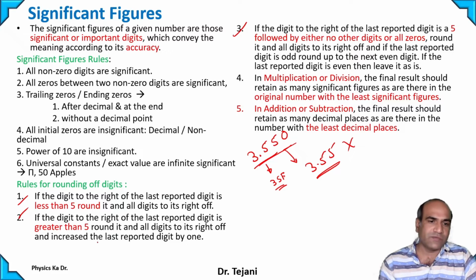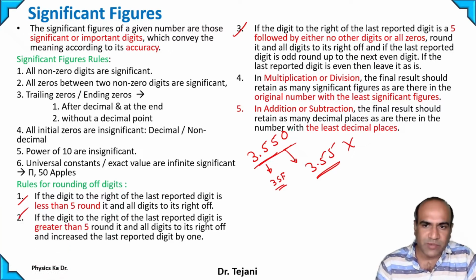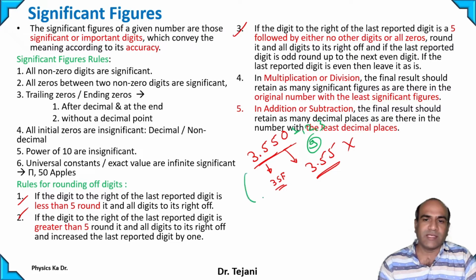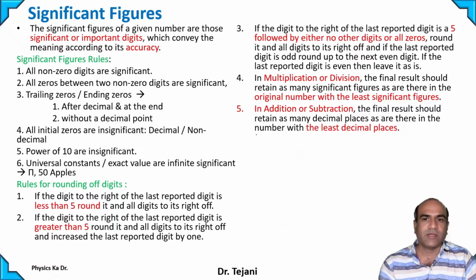After that 0, if there is some digit, say for example 1, 2, 3 up to 9, if there is some number, then this 5 becomes 6, right? So it becomes 6 if there is something present.